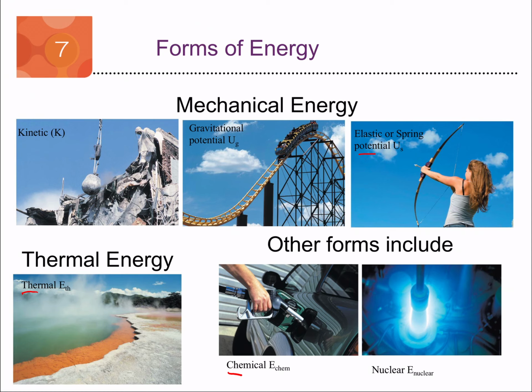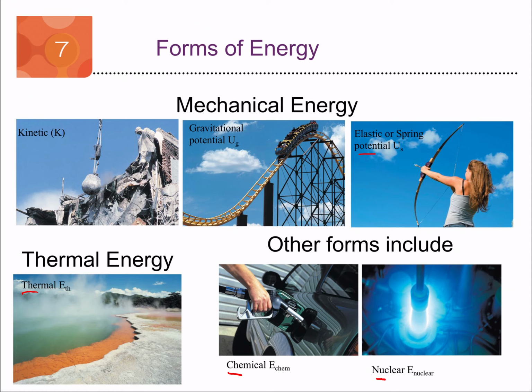Most of the energy we use every day comes from releasing the chemical potential energy of fossil fuels. This last picture is nuclear energy, the energy associated with nuclear fission or fusion, especially when used to generate electricity.